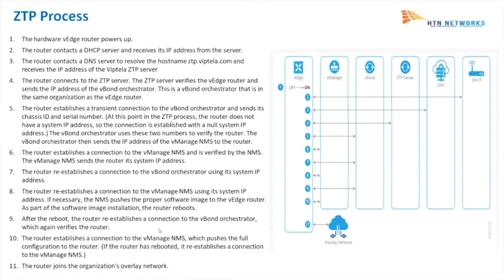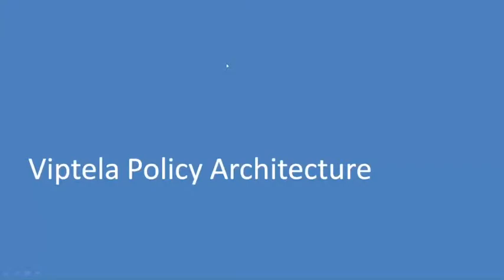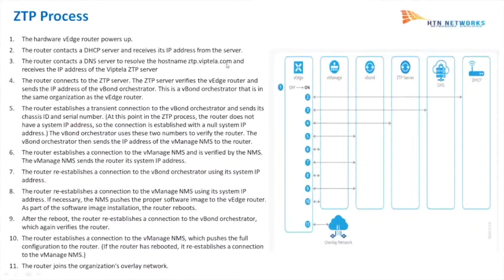So once it has the IP address and the DNS information, the vEdge router goes out on the internet and tries to resolve ztp.viptela.com. And then it contacts the ZTP server.